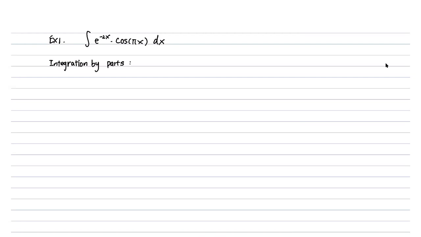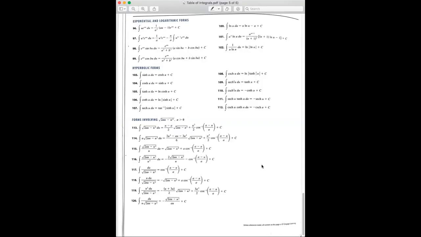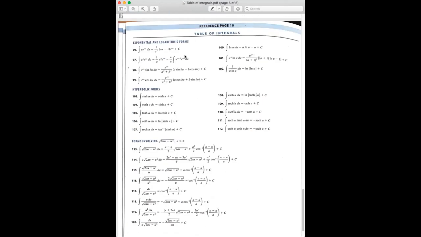So now let's take a look at our table right here. If we're looking at the table, we're doing e to the x times a cosine pi x. If you go to the very last page right here, then you should be able to see it.